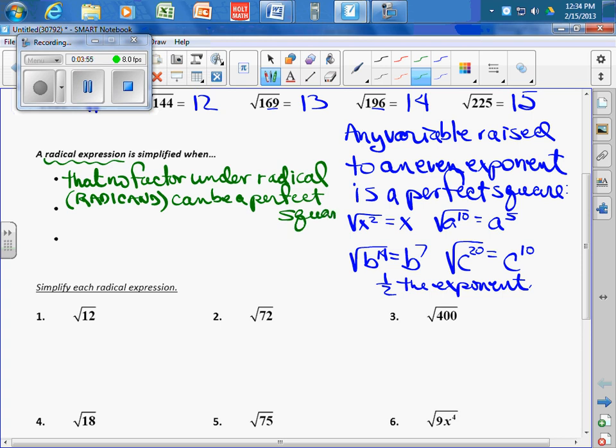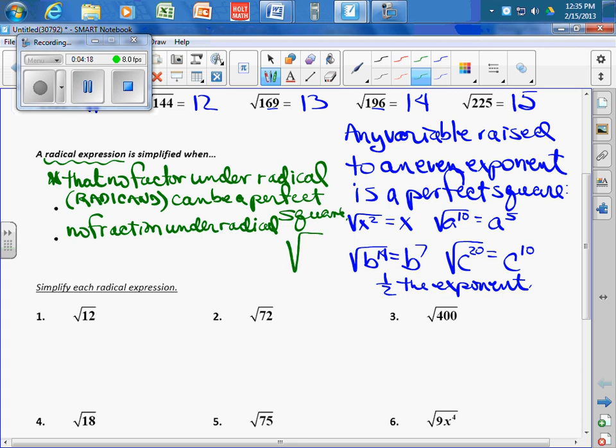The second thing we're going to look at, and we'll talk about this later, the second bullet, is going to be the fact that you cannot have a fraction underneath the radical. Meaning no radicand can be a fraction.